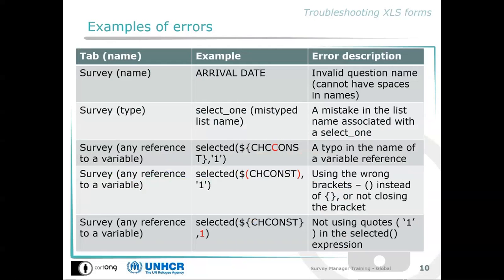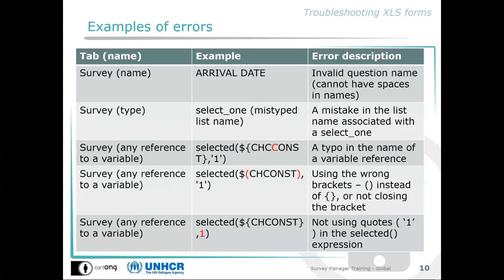Here are some examples of typical errors. The first one looks a bit odd at first sight, arrival date, but it's because the question name, which is equivalent to the column value, cannot have spaces in the name.